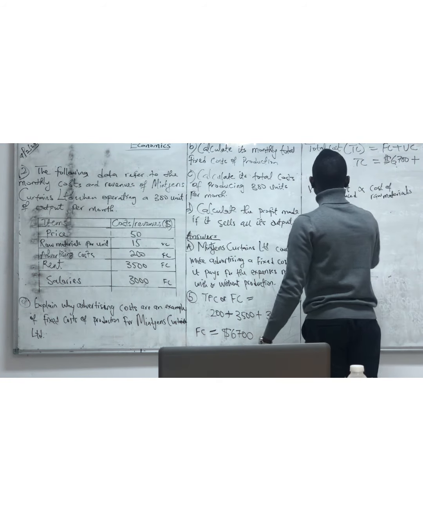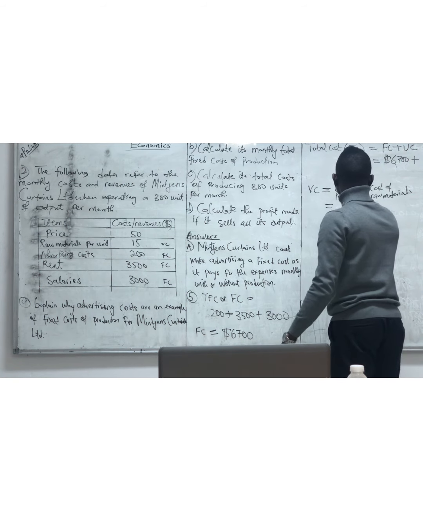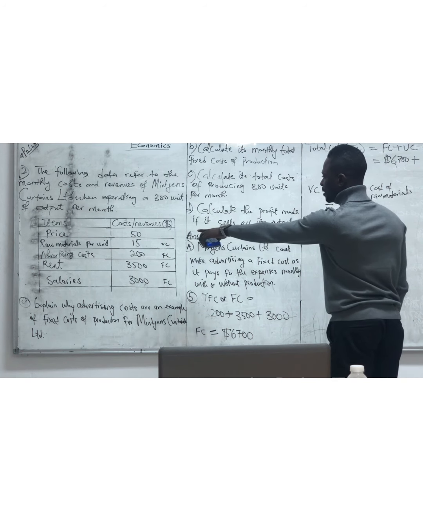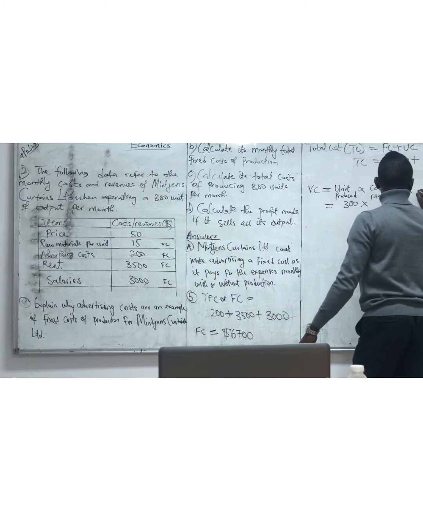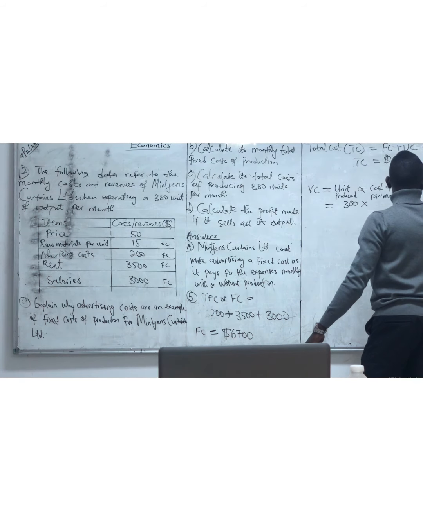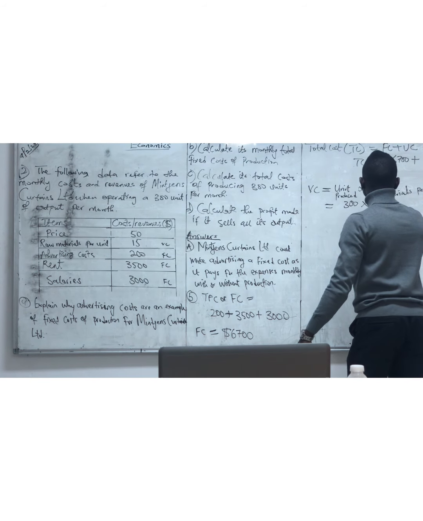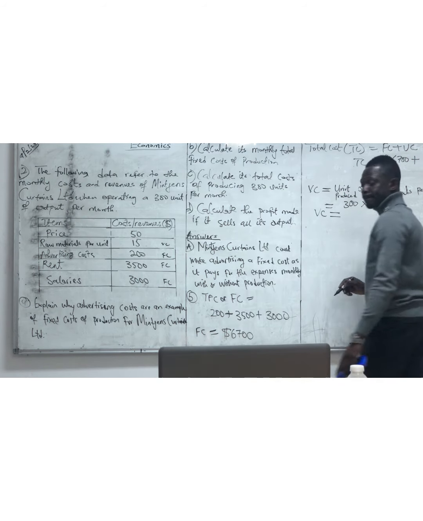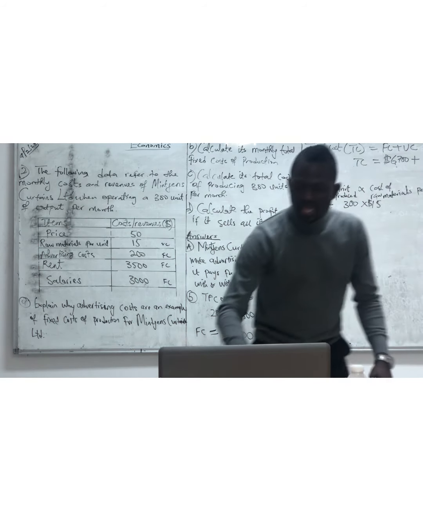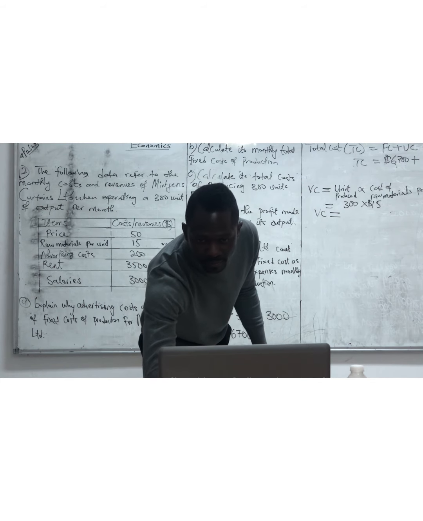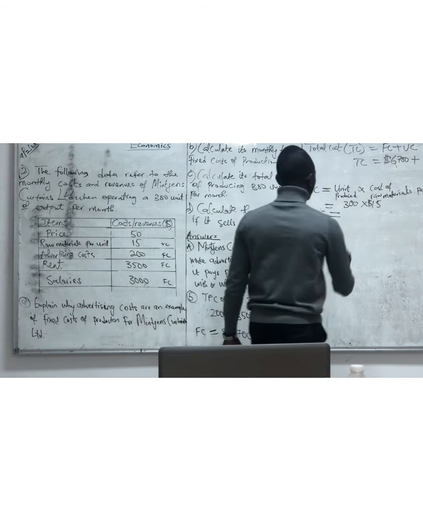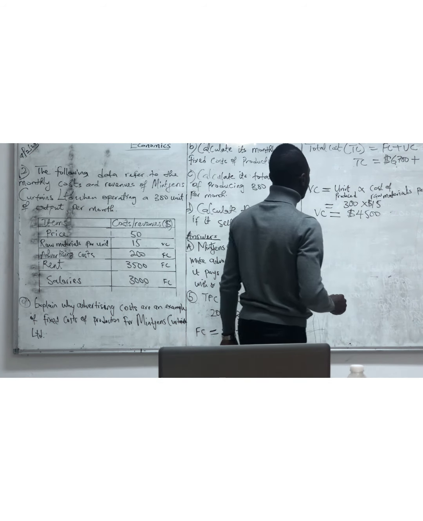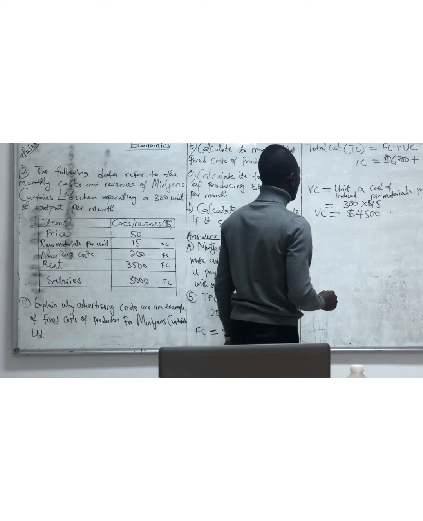So VC, the unit produced is 300, multiplied by cost of raw material per unit, 15. So what's 300 times 15? It's 4,500. Is it clear? Yes.